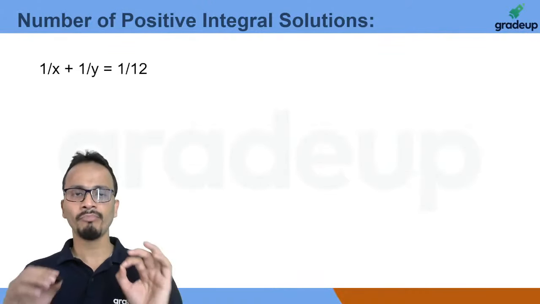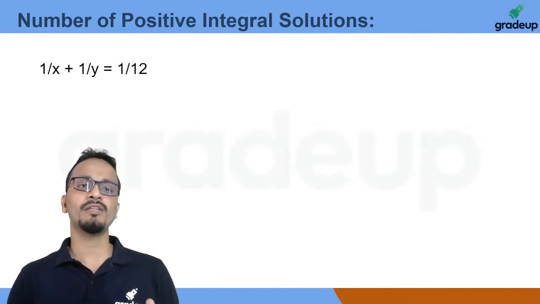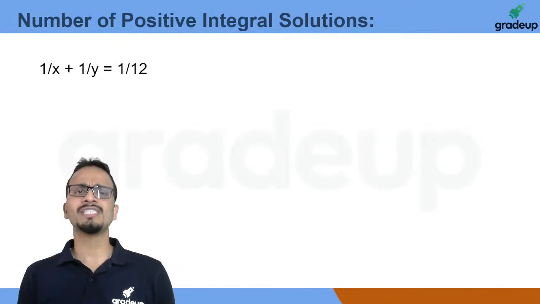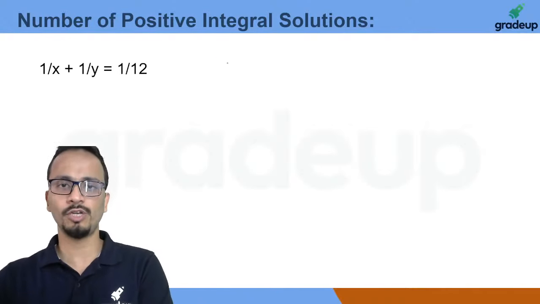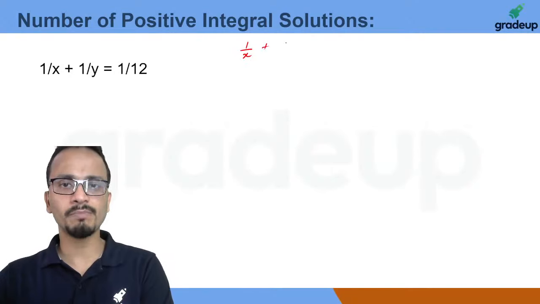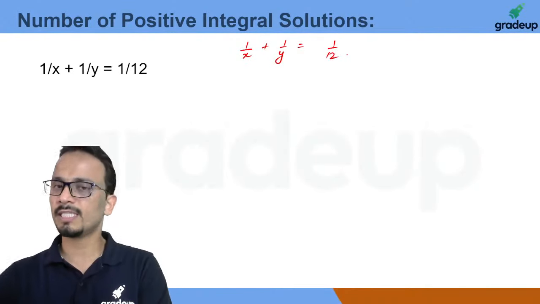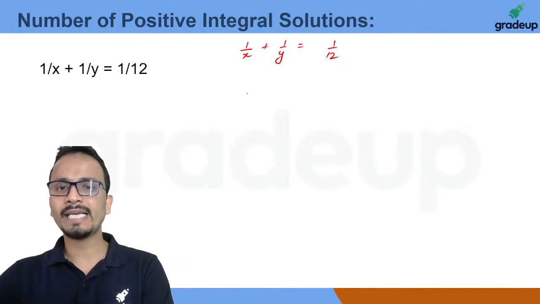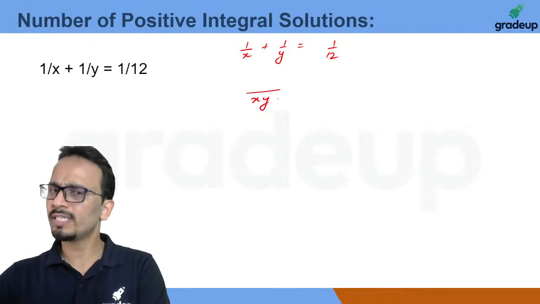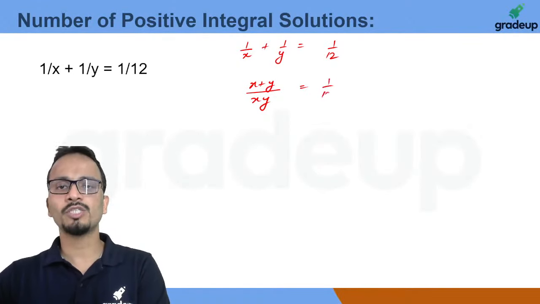First of all, we have to write this given equation in some other form, or simplify this equation first. I'm just giving you some steps. 1 upon x plus 1 upon y equals 1 upon 12. This is given to us. I'll take the LCM on the left hand side, step by step, and it will become x plus y upon xy equals 1 upon 12.